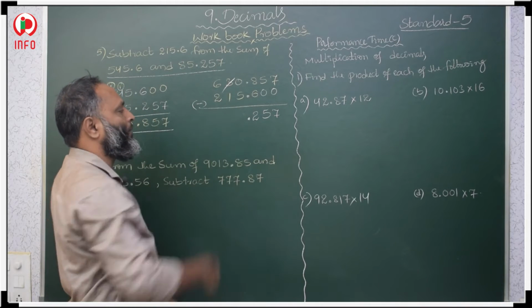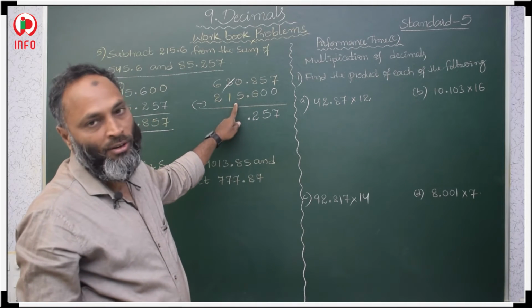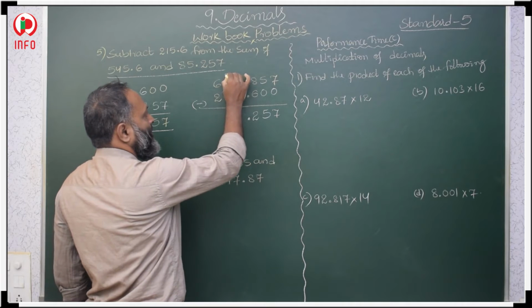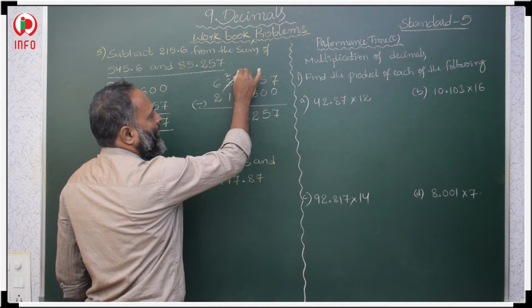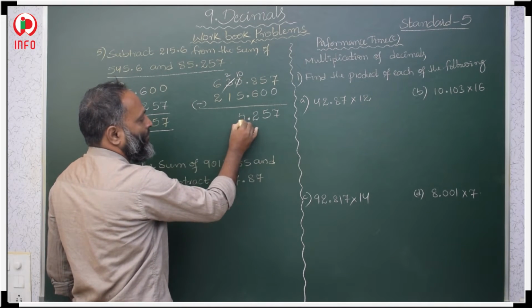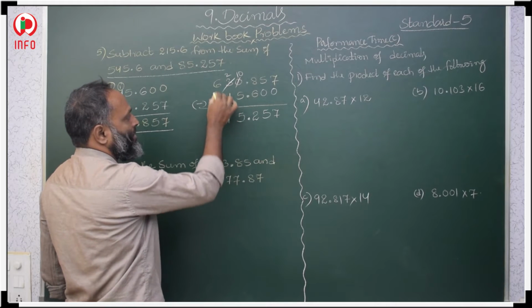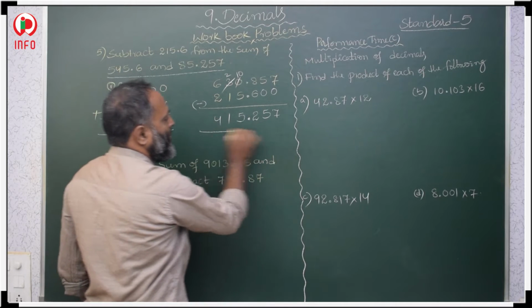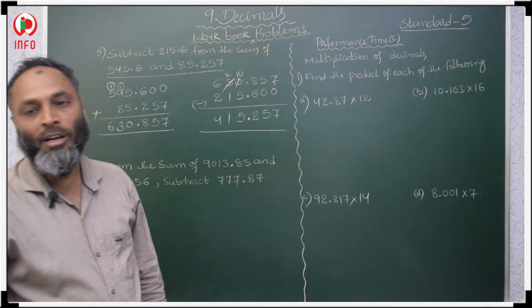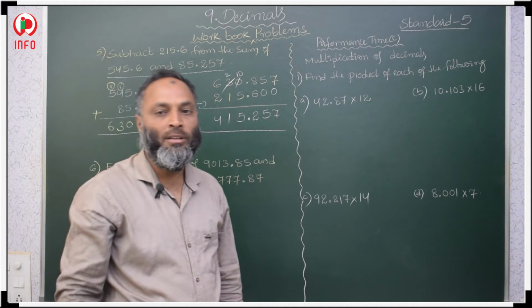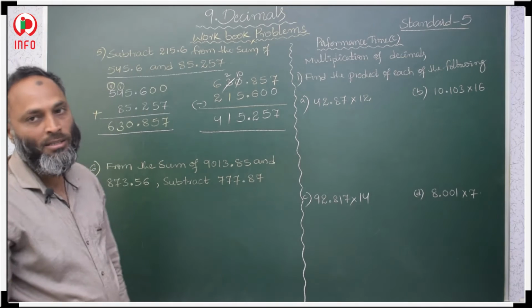Now you take a borrow here. 0 minus 5 we cannot do, so it is decreased by 1, and here you increase by 10. 10 minus 5, 5, 2 minus 1, 1, 6 minus 2, 4, 415.257. Okay, this one is the answer.